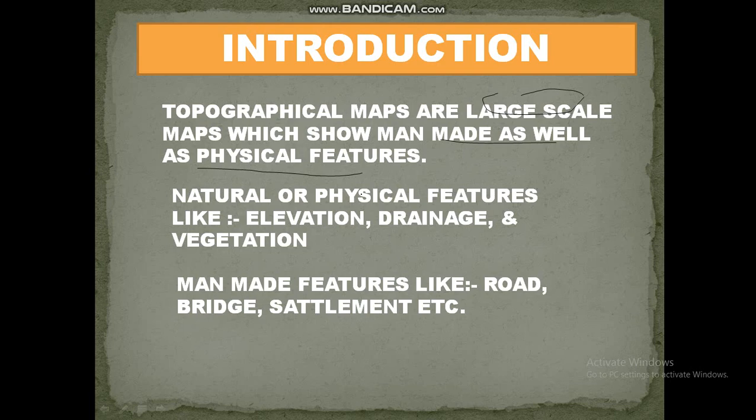Elevation, meaning whether it is a mountain or plain, what the slope is, or the height of that area. Drainage means rivers, lakes, ponds, etc. Vegetation means what type of trees are found, and where more or fewer trees are found. Then man-made features like roads and bridges. Settlement means towns or villages.